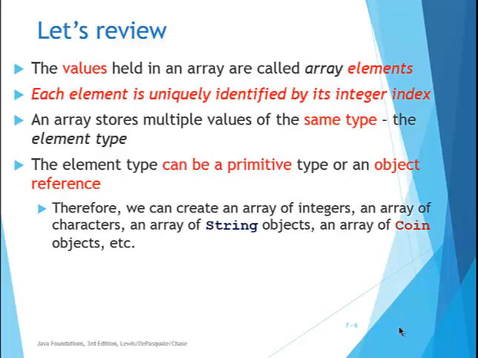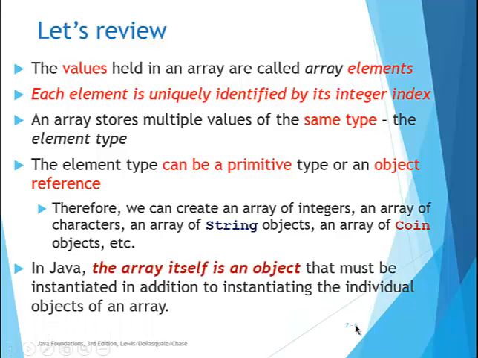Therefore, we can create an array of integers, an array of characters, an array of string objects, an array of coin objects. In Java, the array itself is an object that must be instantiated, and this is in addition to instantiating the individual objects of the array.